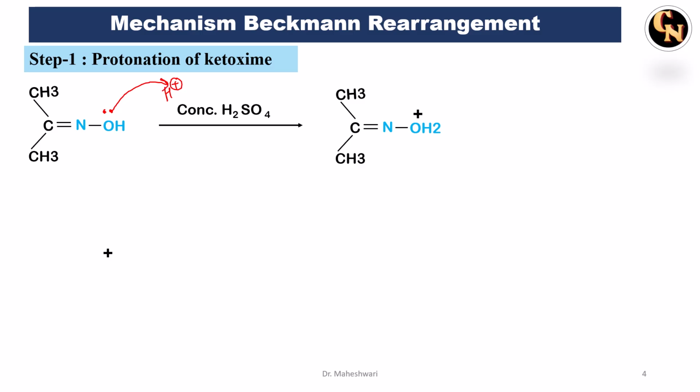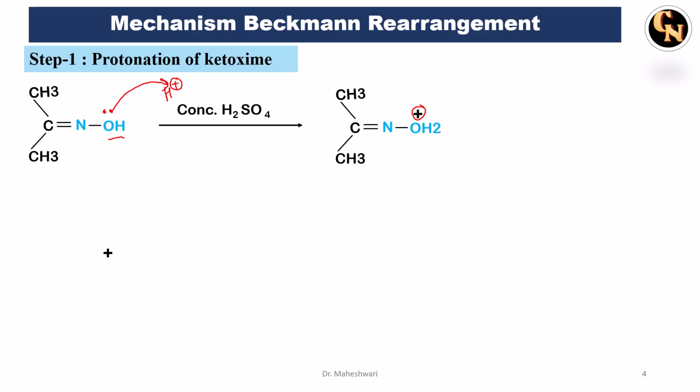The H plus ion from the acid is grabbed by the lone pair of oxygen, so OH is converted into OH2, and because oxygen has used its lone pair, it carries a positive charge. This is the first step.